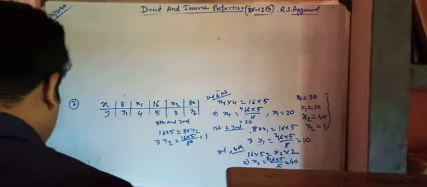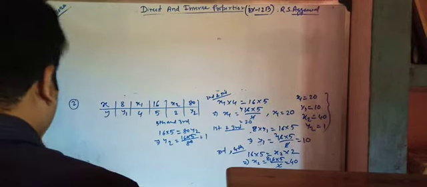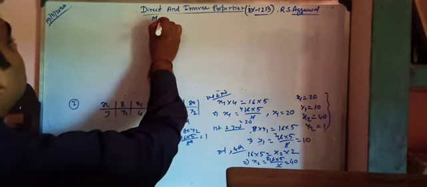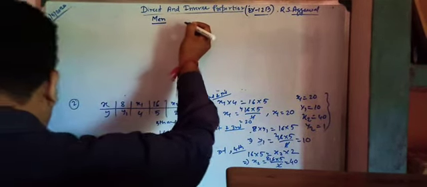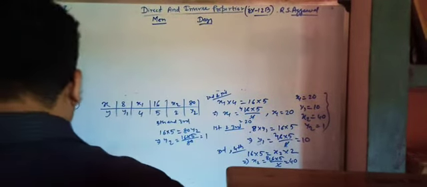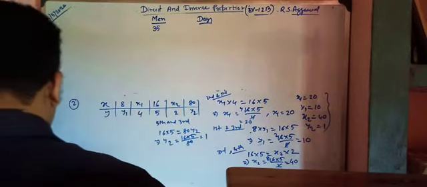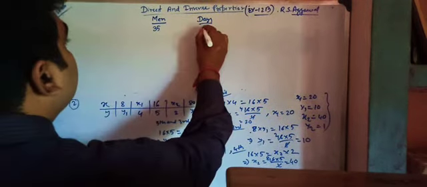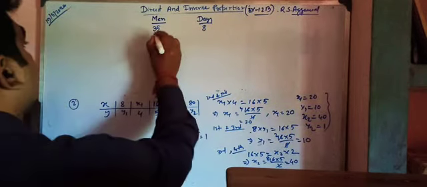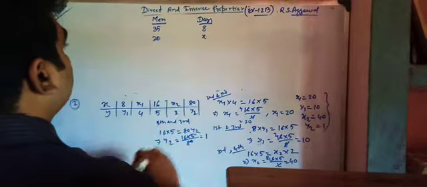The chart is men, or number of men, whatever you can write, and days. So here 35 men, 8 days. Now 20 men, how many days? Let us take this x, say.